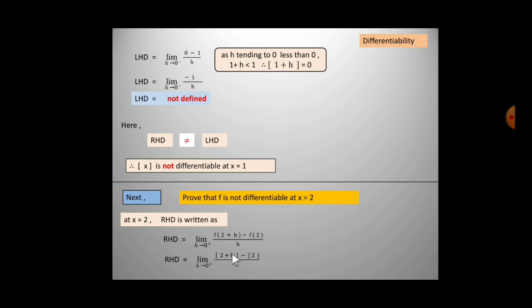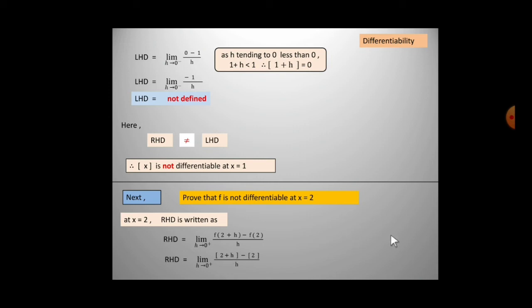So the greatest integer of a number more than 2 is always 2 only. For example, 2.5, what is the greatest integer? 2. 2.1, the value is 2. The greatest integer of 2.3 is 2. So therefore 2 point something, whatever number is there, the greatest integer is 2 only.